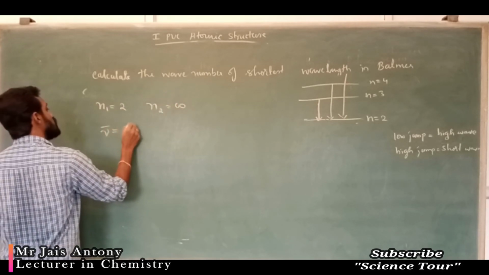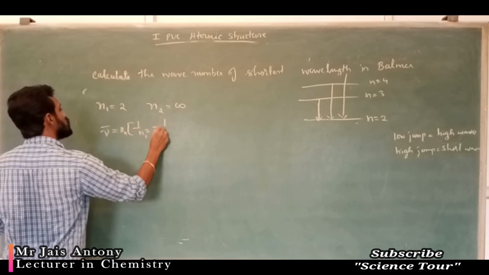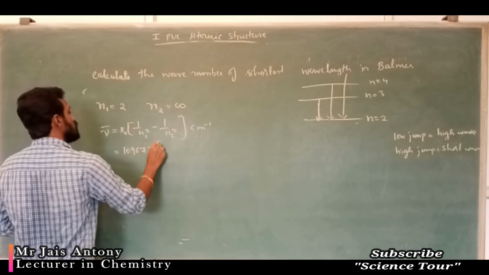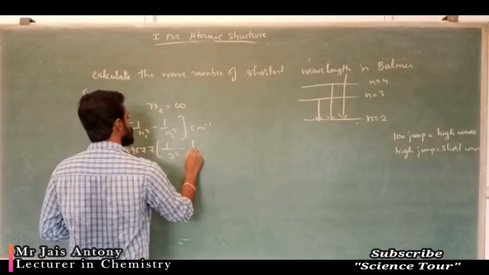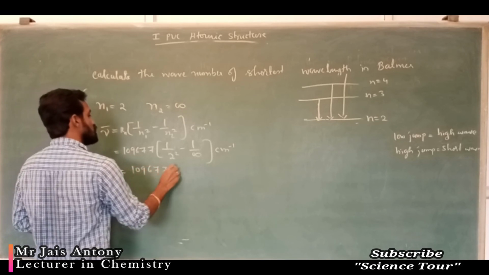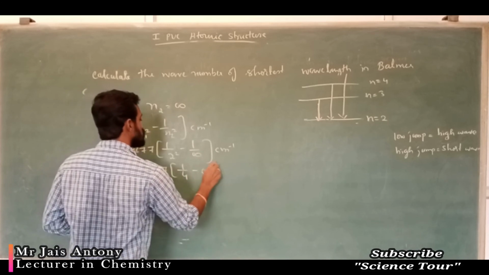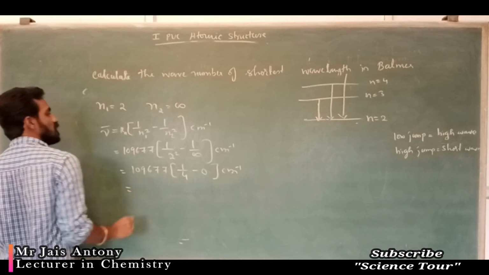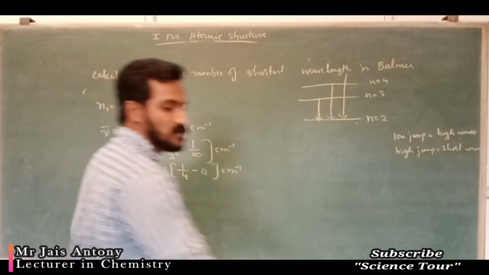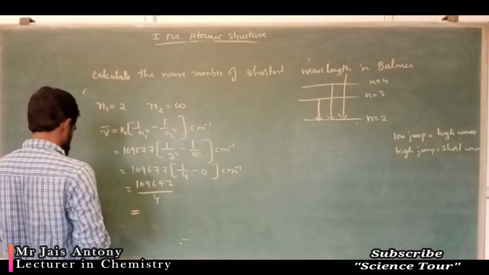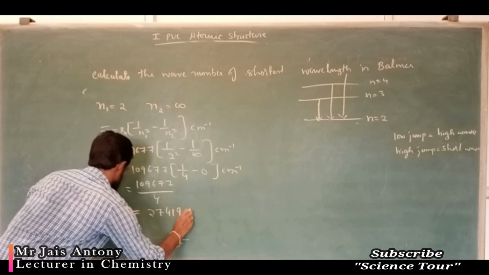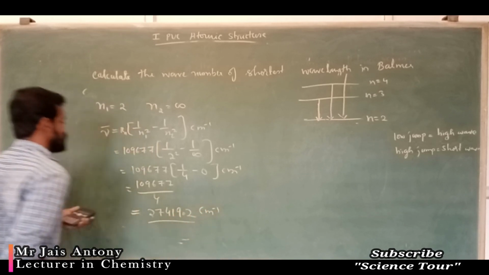So wave number is equal to RH into 1 by n1 square minus 1 by n2 square centimeter inverse, and here RH is 109677. 1 by 2 square minus 1 by infinity square, which is 0, so it gives 1 by 4. 109677 divided by 4 gives 274192 centimeter inverse. Understood? This is the shortest wavelength.